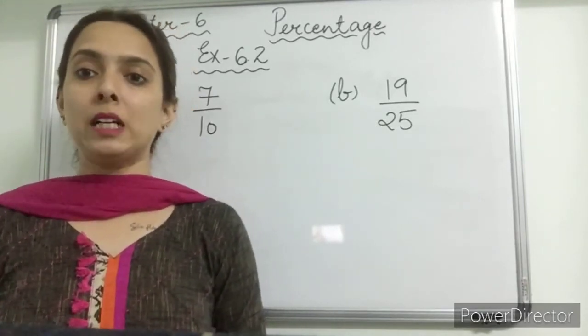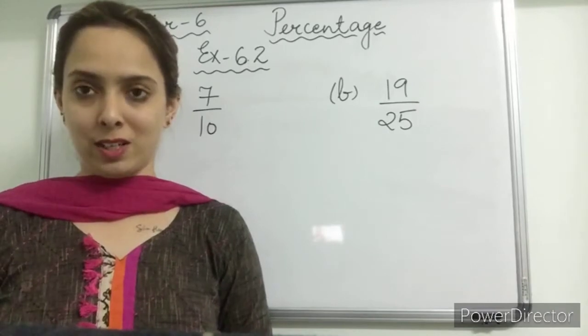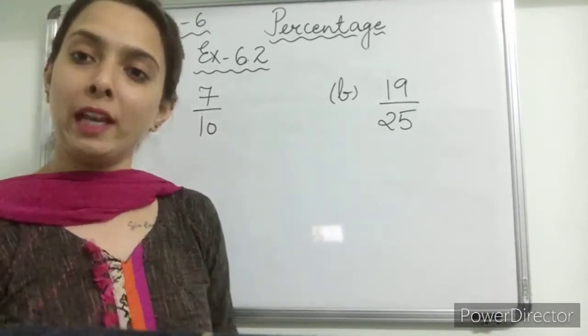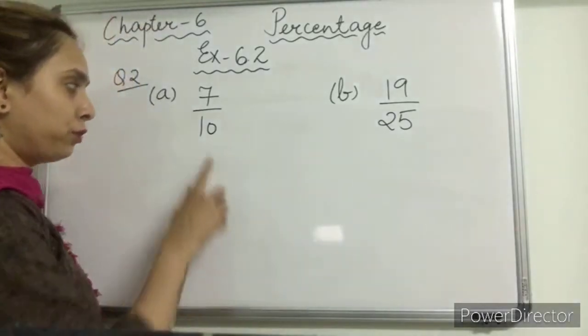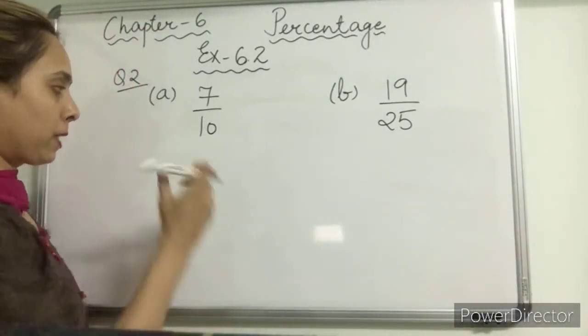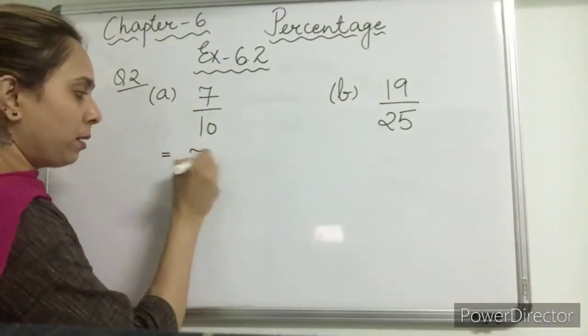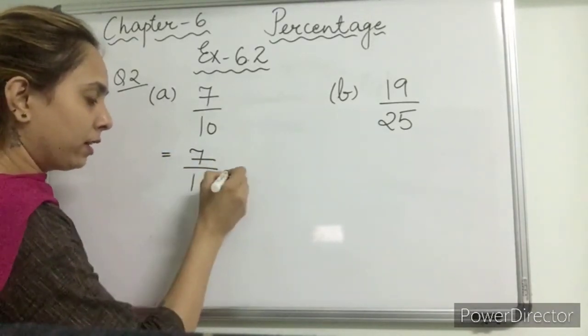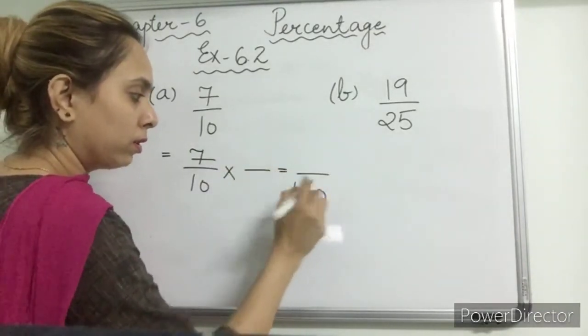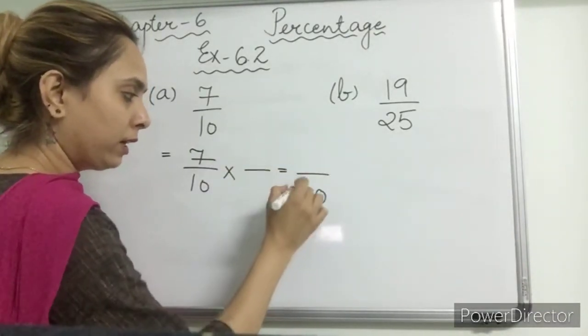We have to make the denominator 100. You all must be knowing how to make equivalent fractions. First, A part, so the question is 7 upon 10. These types of questions we have done already.